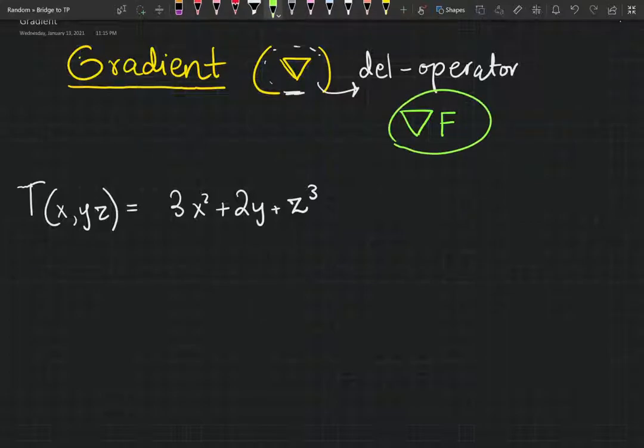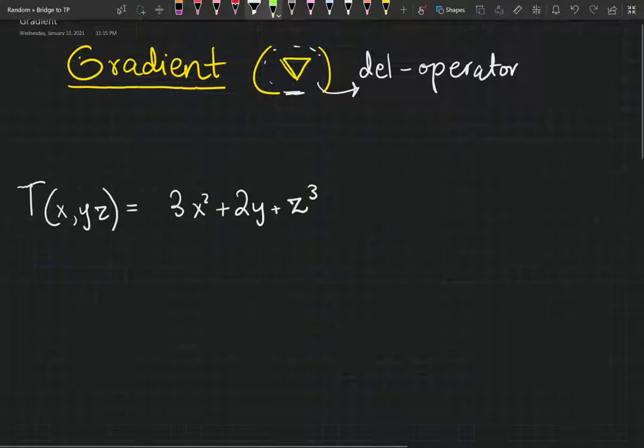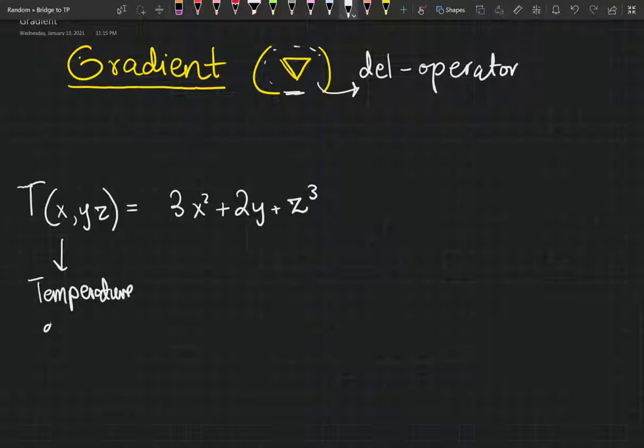Okay, perfect. In order to illustrate what this means, I have an example of a temperature distribution in Cartesian coordinates. Imagine something like a rectangular slab.